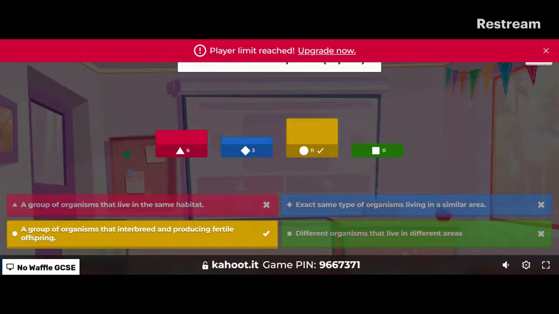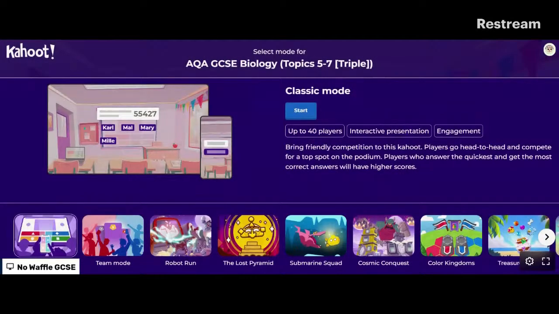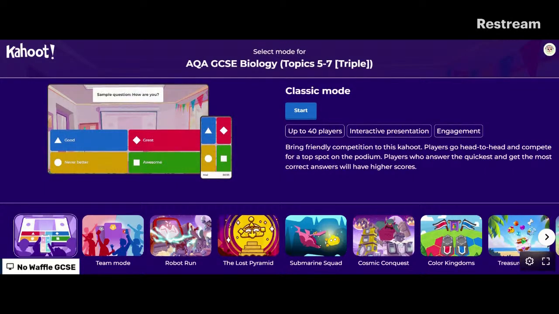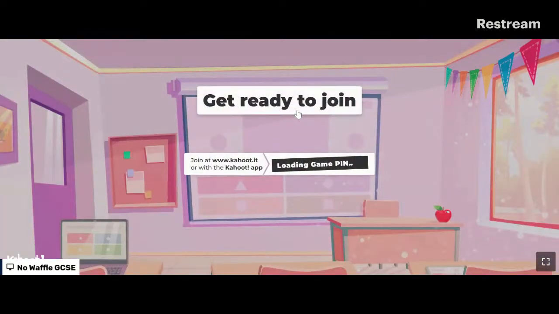Okay, I'll do another triple. No, don't worry if you're late. It's okay. I'm still opening up more games for those of you who still want to play. So this is the triple. I'll put the link.